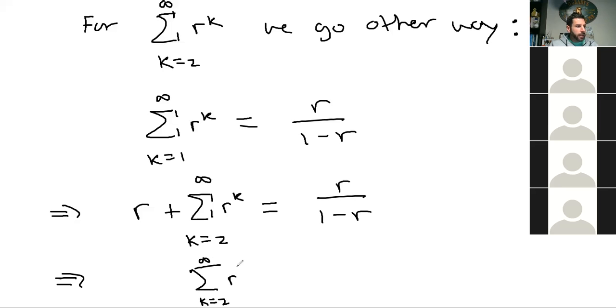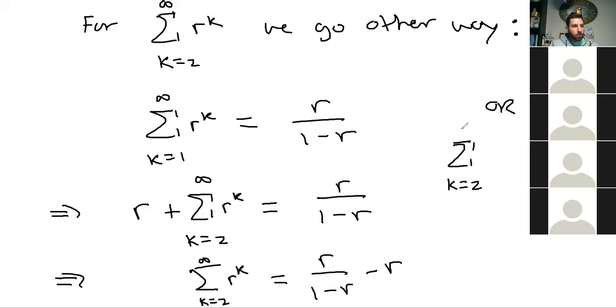So if I subtract r from both sides, now I'm left with r over 1 minus r, or if you'd like, do the algebra now, get it over a common denominator. So you guys can do this algebra.